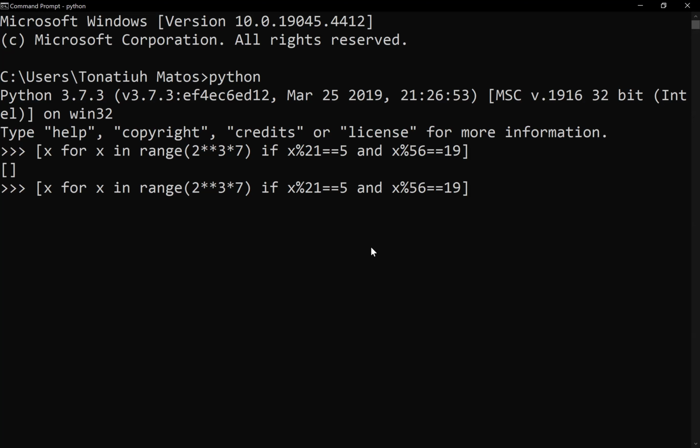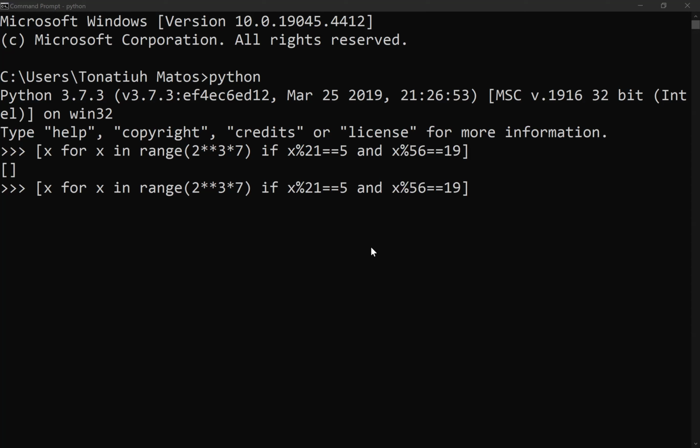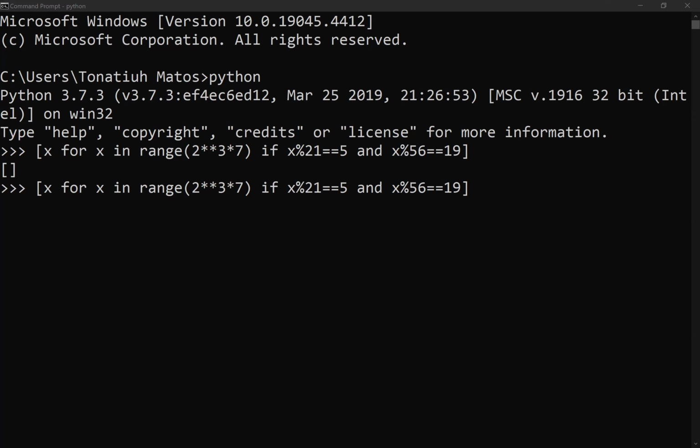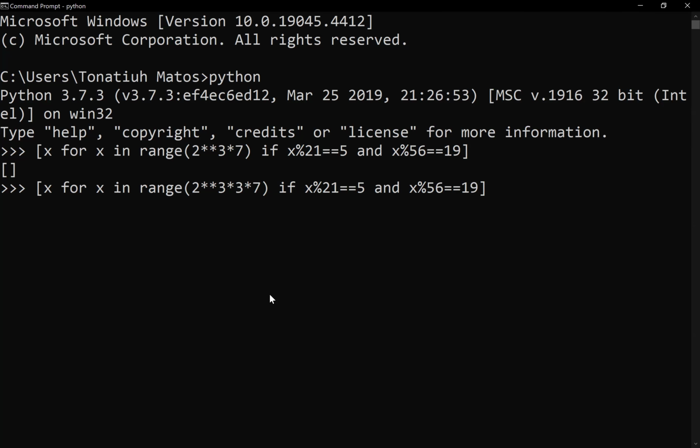Okay, give me 1 second. Okay, let's think about this for a second. I did find a solution, right? Oh wait, this doesn't make any sense. Sorry, I forgot a number. It was 2 to the 3 times 3. Okay, there we go. 131 is the only solution in that range.